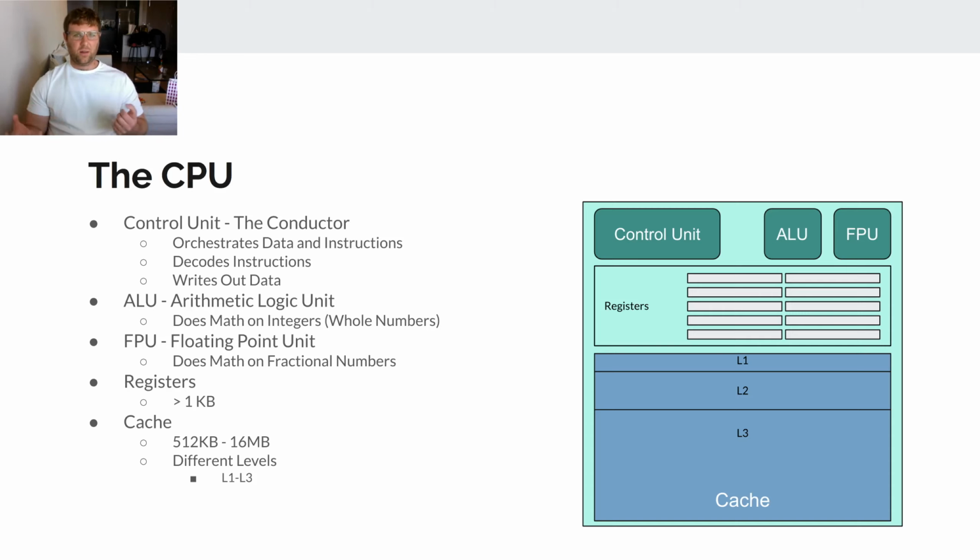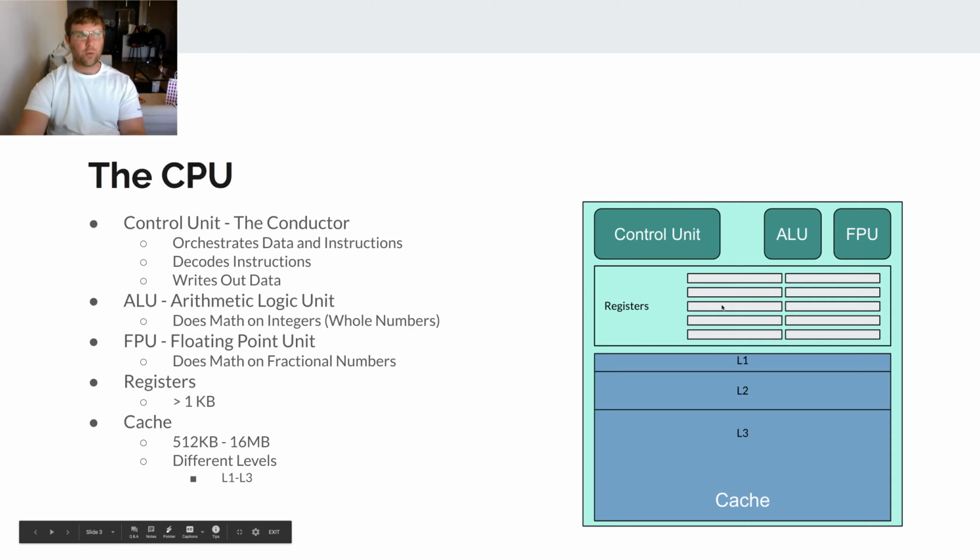First, the control unit will have to go fetch those numbers from RAM, put them in registers, and then send them to the ALU to do something with it. So everything that happens has to happen on registers or inside registers. And like I said, a typical CPU these days only has about 10 general purpose registers. So really we can only be dealing with 10 things at a time.